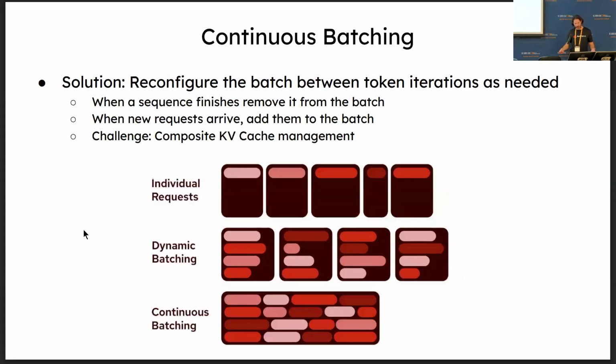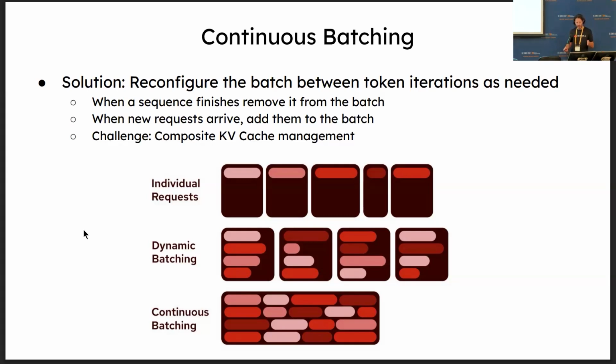It's called continuous batching. For this, what we do is reconfigure the batch between iterations. As I was explaining, each token generation is effectively independent, so each time step we're generating the next token for all of the sequences in the batch. If one of them finishes, like if the model generates a special end of sequence token for one of them, we can remove that from the batch, and then we have space in the batch to add new sequences that have been queued, between iterations.